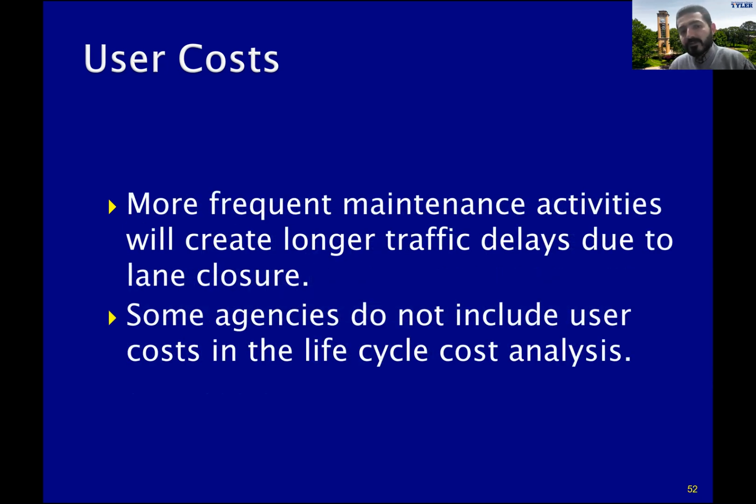More frequent maintenance activities are going to end up creating longer traffic delays due to lane closures. So instead of saying a 4 inch overlay is too costly, you're going to end up having to close the traffic every year or every two years to do a crack seal or a fog seal. That's user cost. A lot of money being wasted just by picking a cheap option.